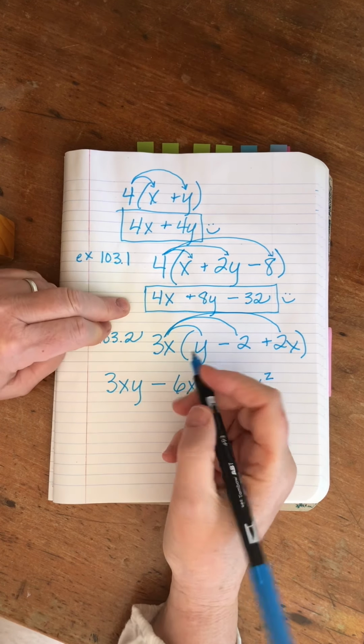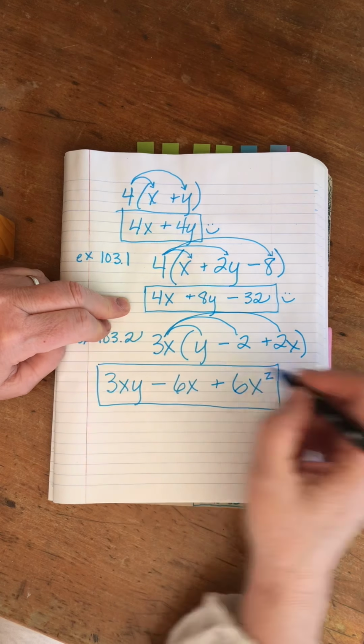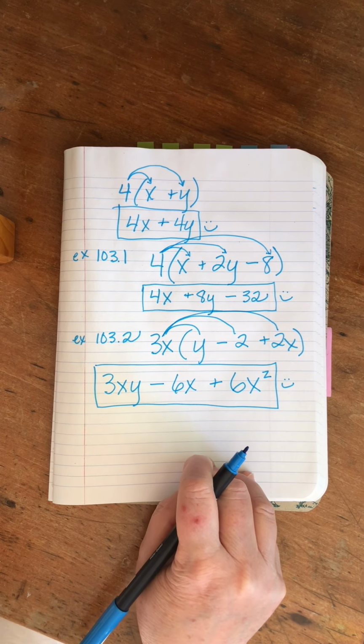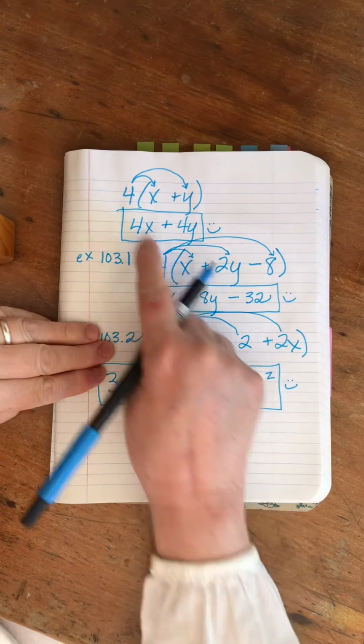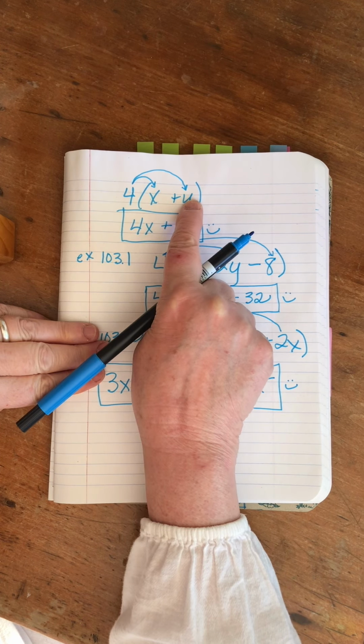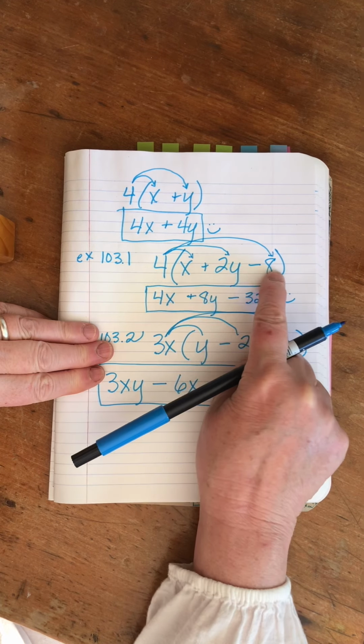And that is our final answer. And the order is fine, just the way it is. Yay! That, my friends, is the distributive property. We will be practicing it lots and lots and lots. Usually we just have 2 numbers inside the parentheses, but we can do 3 numbers. That doesn't bother us a bit.